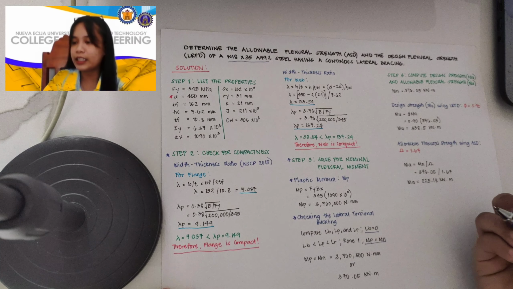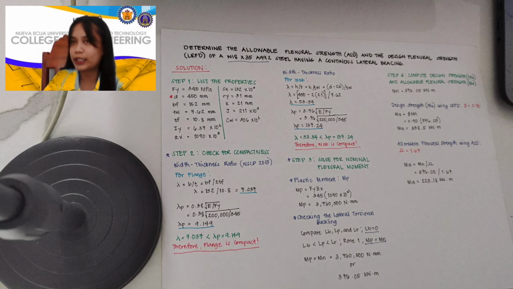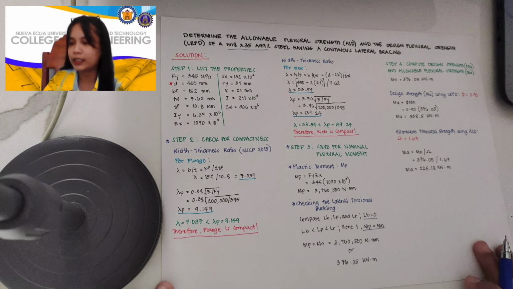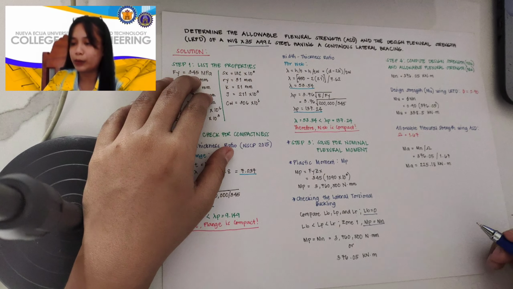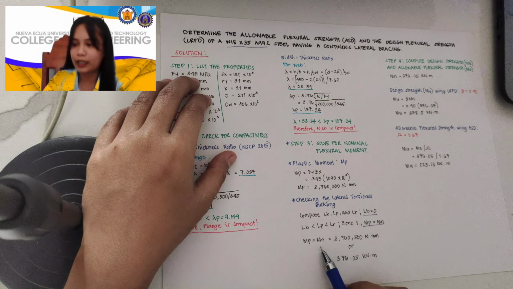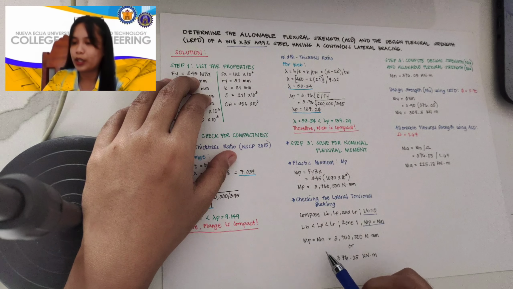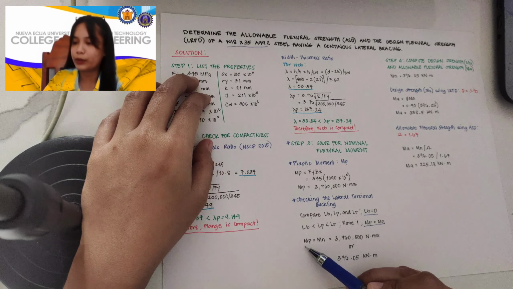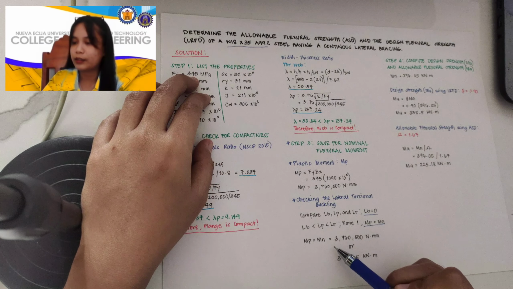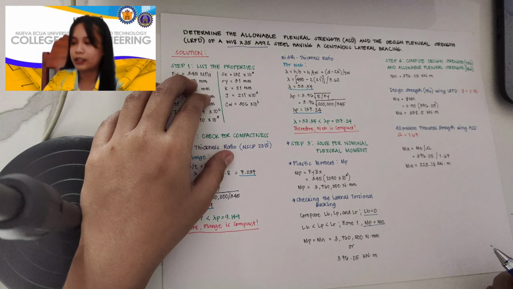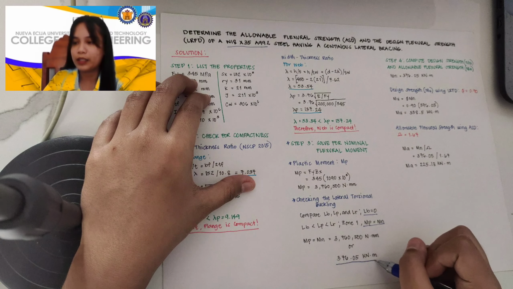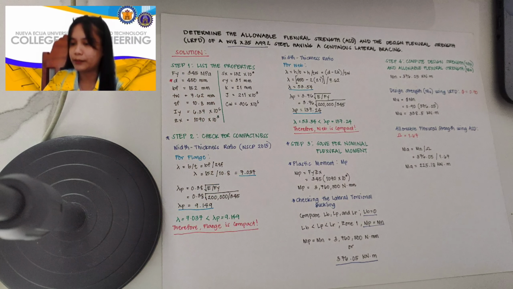And since hindi naman nag-a-apply yung lateral torsional buckling natin, and wala tayong dapat i-consider na lateral torsional buckling, automatically the plastic moment will be equal to the nominal flexural moment. So where MP is equal to MN, so magiging same lang sila ng value, which is 376.05 kilonewton meter.